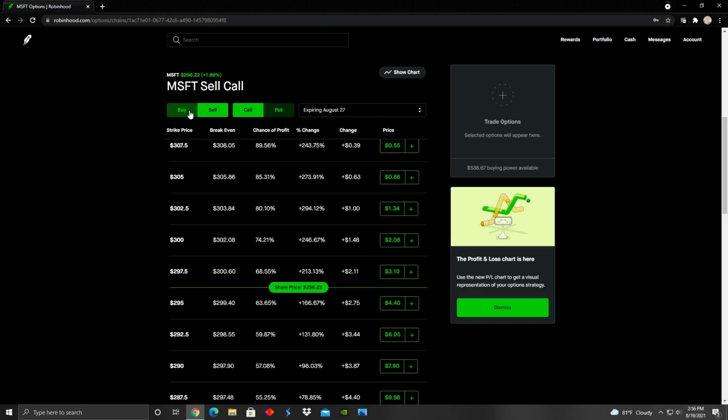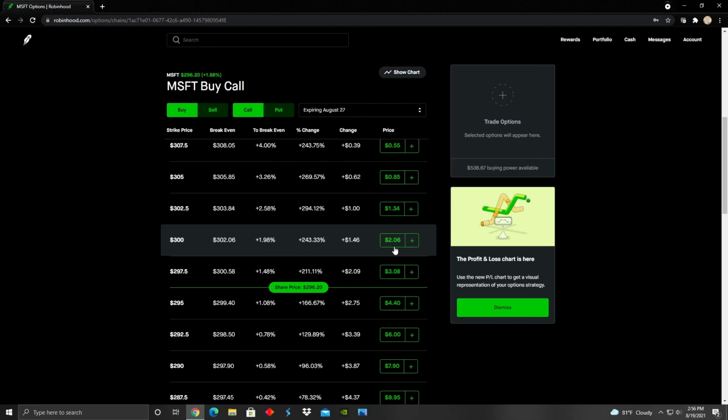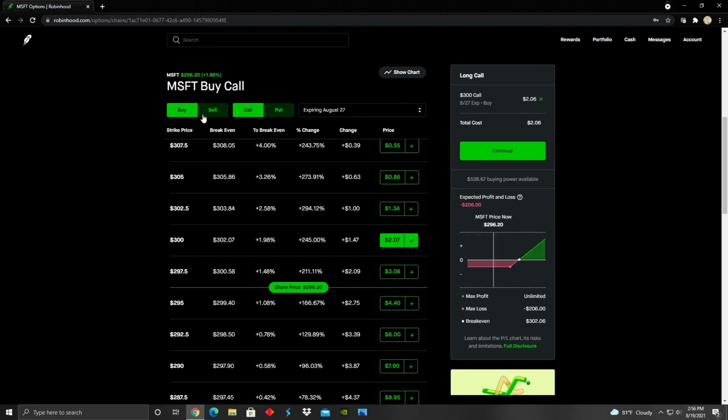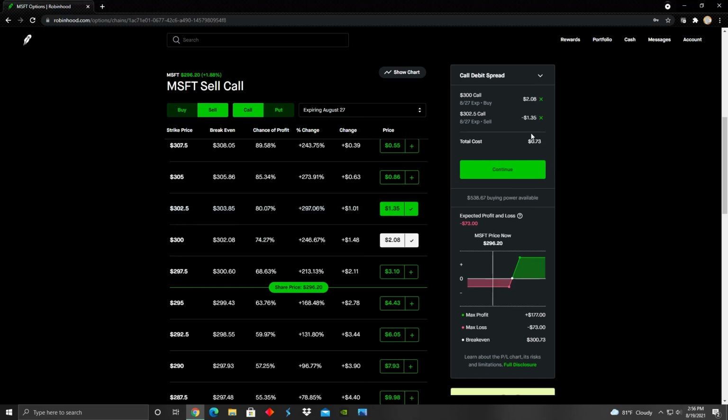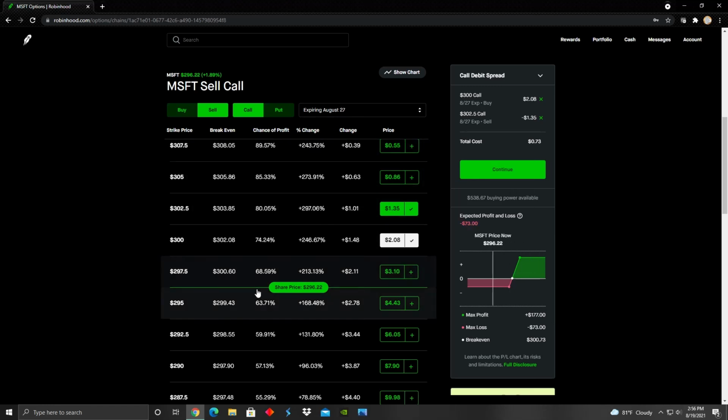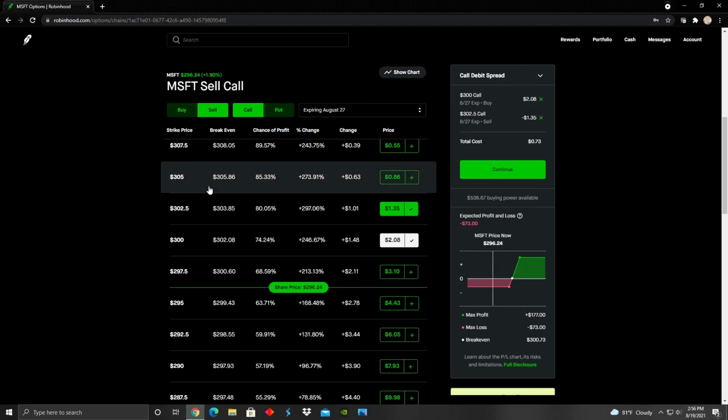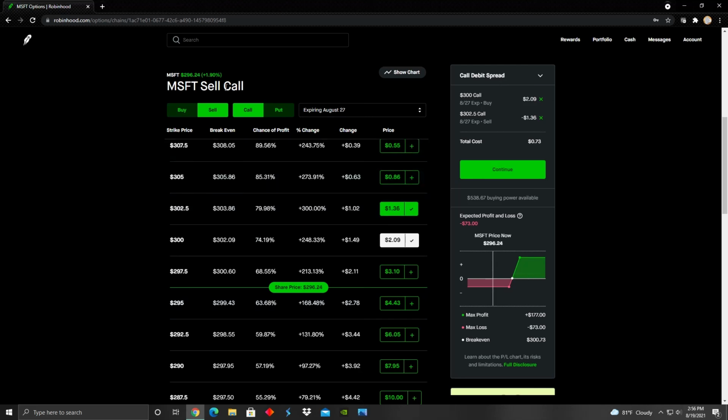If we go to August 27th and I buy this contract right here for 300, and then sell the contract for 302.5, my total cost would be $73, and my max profit would be $177. So as long as Microsoft is higher than $302.50 by August 27th, which is more than a week from now, I would turn $70 effectively into $177.